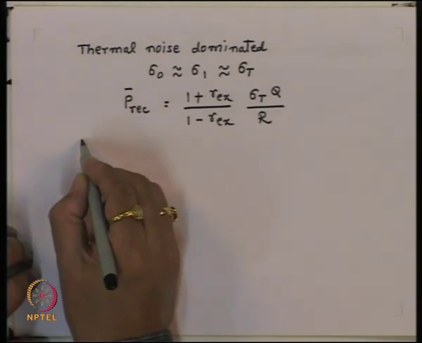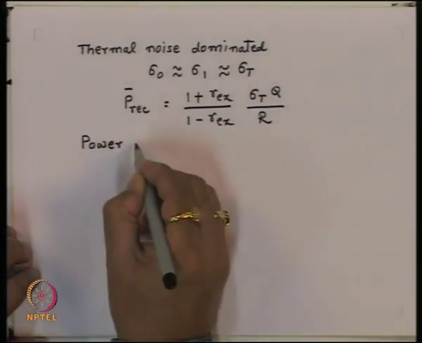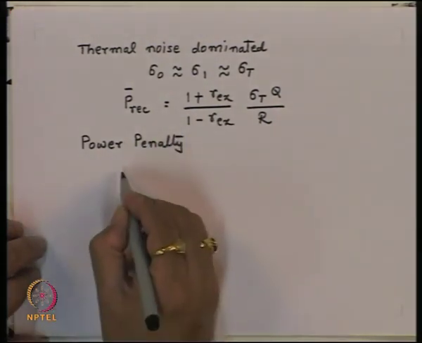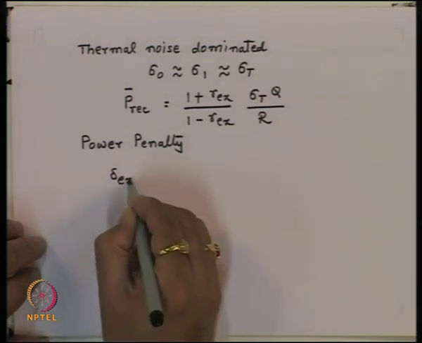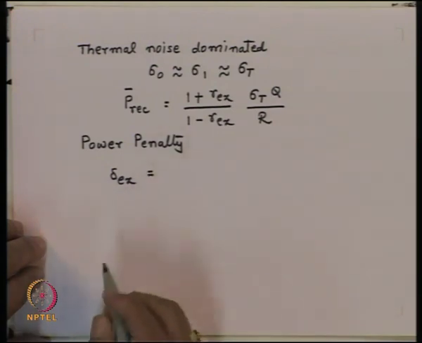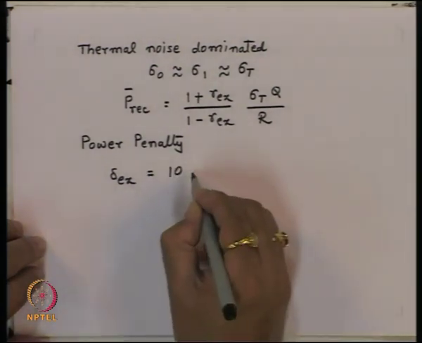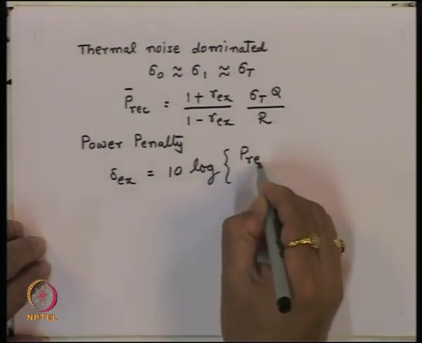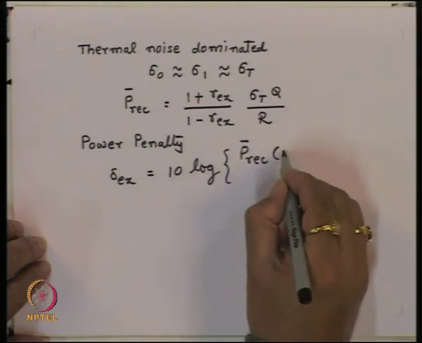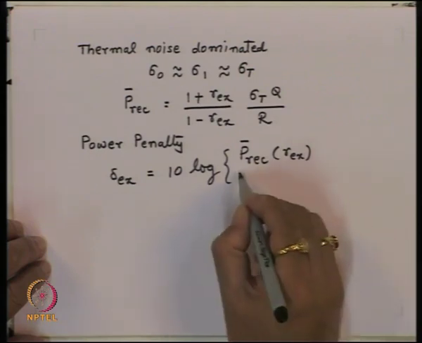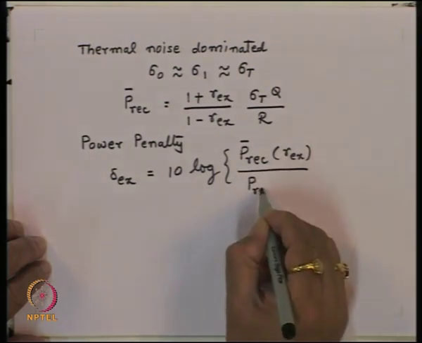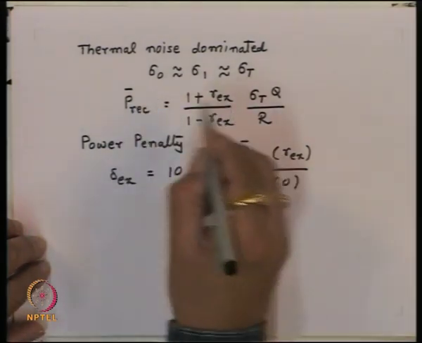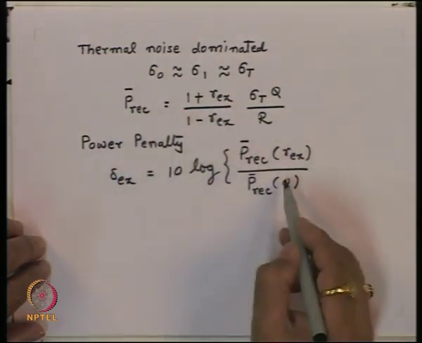So, we can define the power penalty, let us say it is denoted by delta Ex, that in terms of dBs will be 10 log of PREC for a given value of extinction ratio divided by PREC for 0 value of extinction ratio. So, this quantity is a function of Rex.